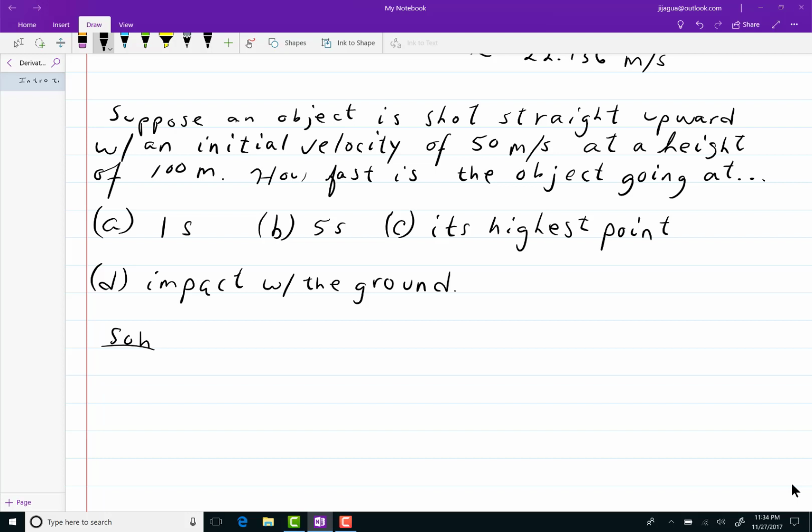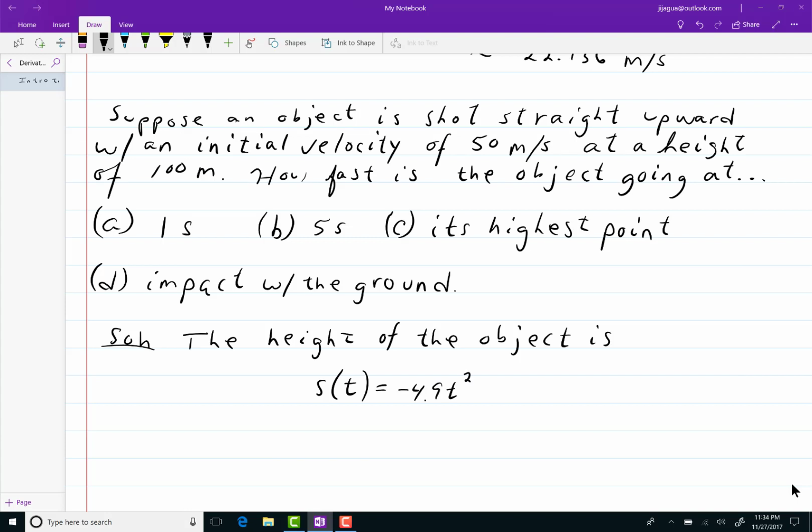It looks like this. The height of the object is S of t equals negative 4.9 t squared.